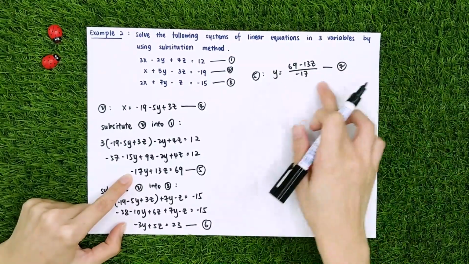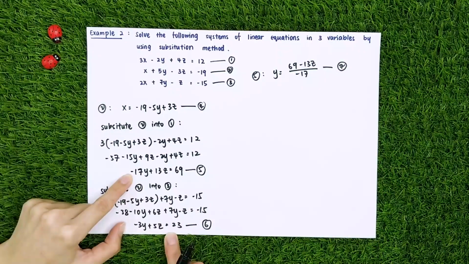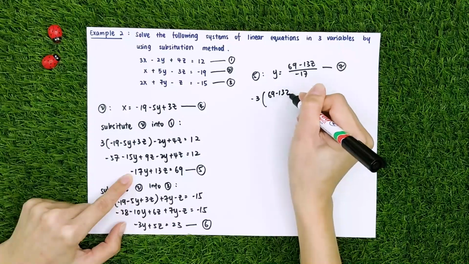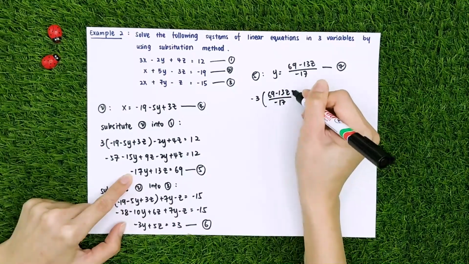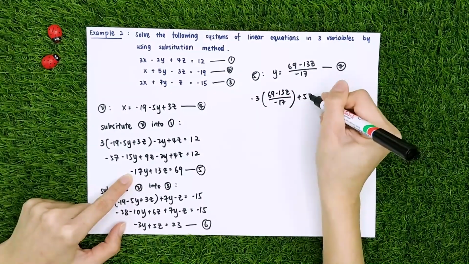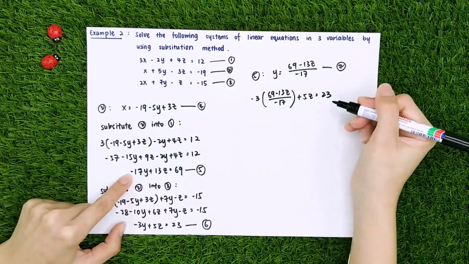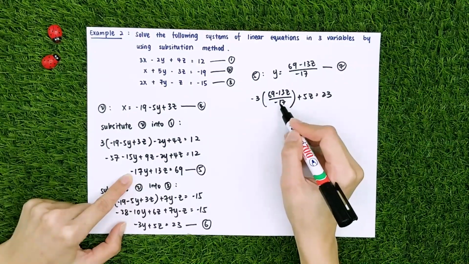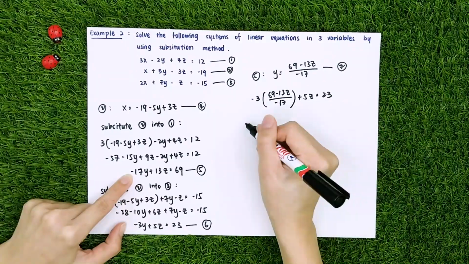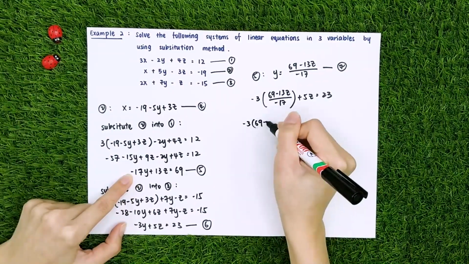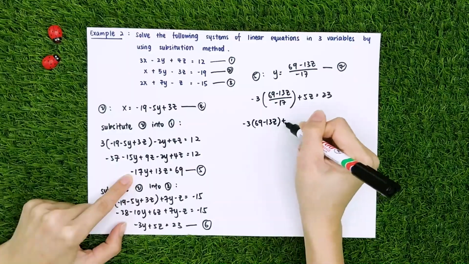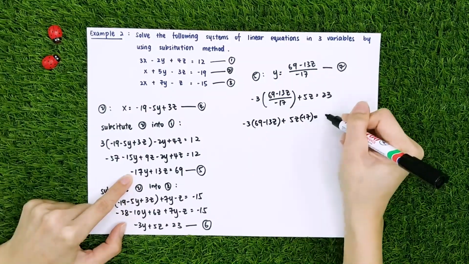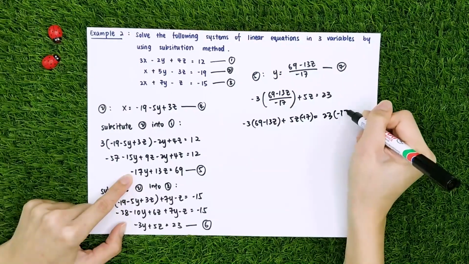Okay? So now I can substitute y into equation 6, which is negative 3 times (69 minus 13z) over negative 17, plus 5z equals to 23. Okay? So you rearrange it. I will times negative 17 to both sides. Negative 3 times (69 minus 13z) plus 5z times negative 17 equals to 23 times negative 17.